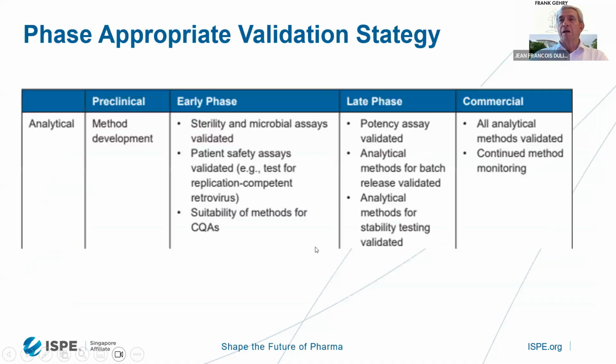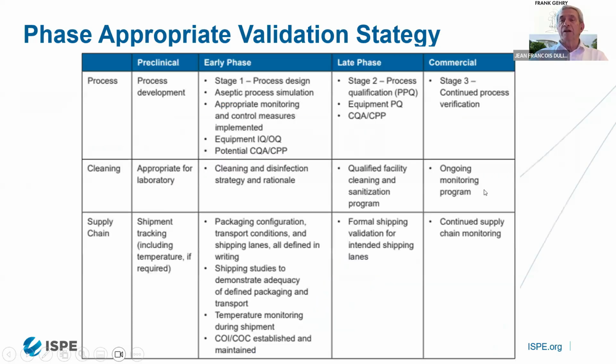Phase appropriate. We have defined here what is needed in the different phases of the development of the product. For instance, for the commercial, all analytical methods need to be validated, and we need to have continued method monitoring. And for manufacturing, we have as well for the process all these different steps.